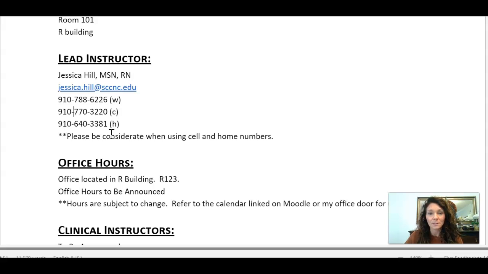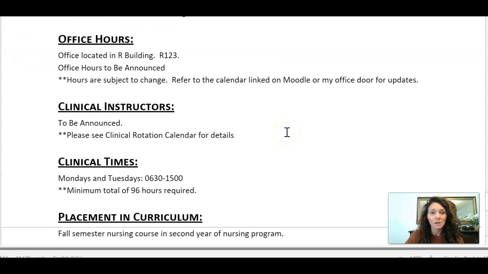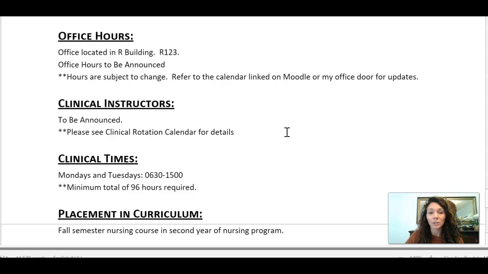I do have 4 kids, so if I'm not at work, I'm usually not working on school stuff. I'm working on home stuff. My office hours are attached to the Moodle course site, so you'll be able to find those there.